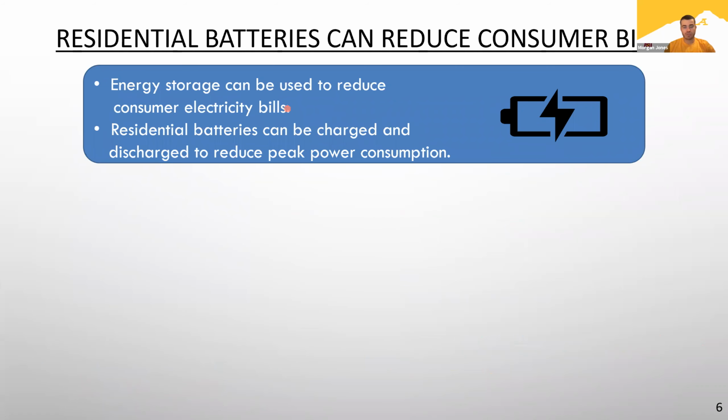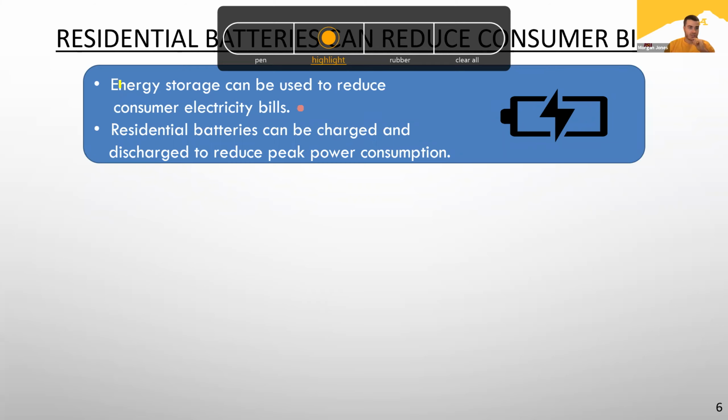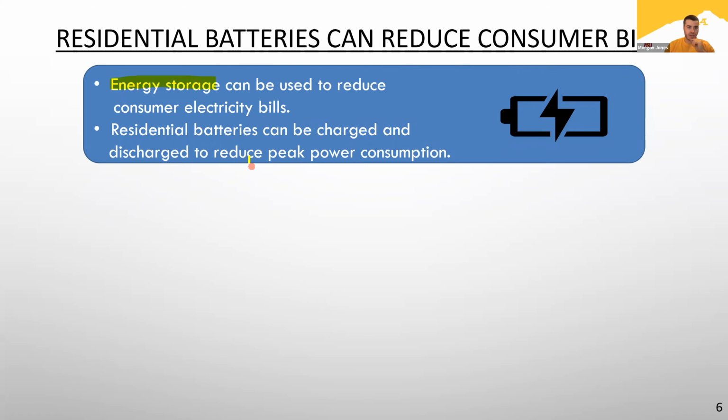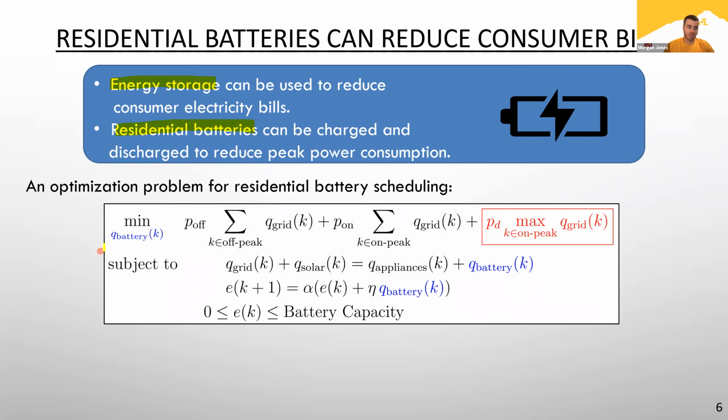So what can consumers do to reduce their bills? They could install some sort of energy storage in their house, like a residential battery. And then they could charge and discharge the battery in a way to reduce their maximum power consumption. So this naturally forms an optimization problem, where the decision variable is how you charge and discharge the battery.